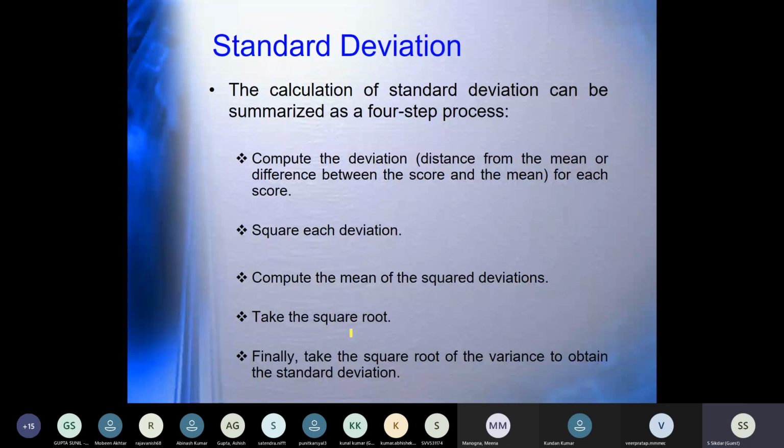So distance cannot be just a negative value. That's why the standard deviation is positive, and finally you take the square root of the variance to obtain the standard deviation. As we will also see, the squared value is called the variance. So the square root of variance is standard deviation.